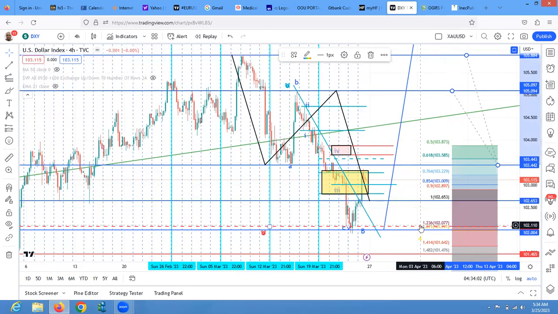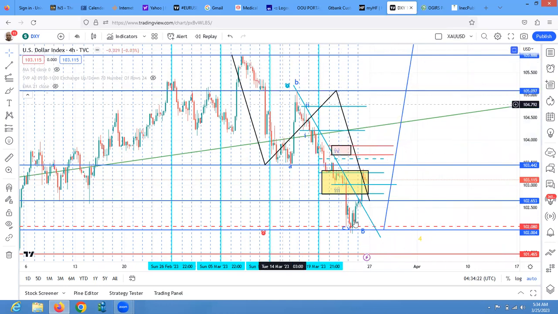If the structure of 123 is violated by a wick, then you will not regard that this thing will still go up as we were expecting before it turns down. As a matter of fact, that has changed the structure of what we are thinking. Even though this one is going to go up, I don't expect this to go all the way to break this structure and get to C. I don't expect that because this has been violated here.